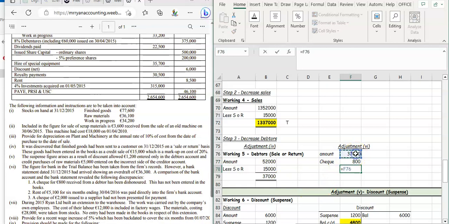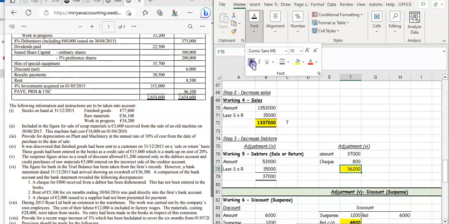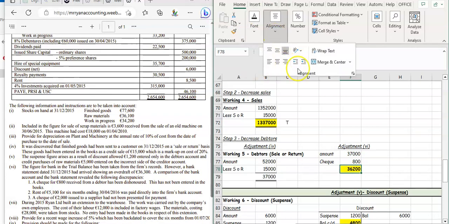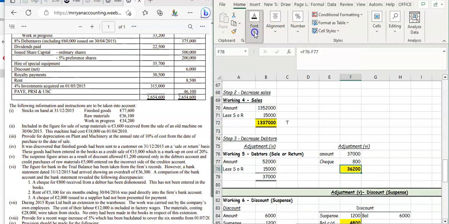So that means our new debtors figure that goes into our balance sheet as a current asset. So you need to add that on. So 37,000 plus your 800, because they owe us 800, gives you 37,800. So your balance sheet current asset is 37,800. So that's the first part done.